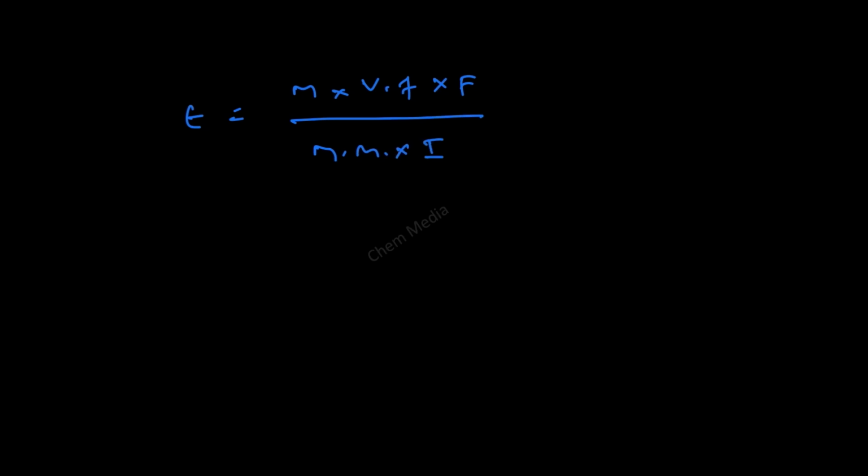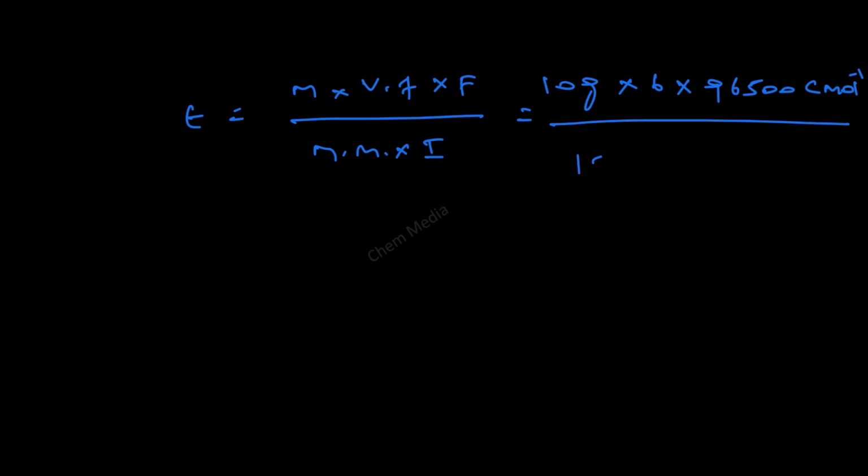Therefore this is equal to 10 gram is the mass, valency factor is 6, Faraday constant is given as 96,500 coulomb per mole divided by molar mass of KClO3 is given as 122 gram per mole.